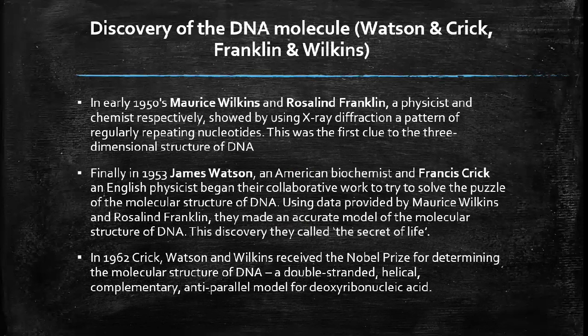Guys, unfortunately, she died, and Nobel Prizes cannot be given to people who have already passed on. Hence, she was not honored for playing a pivotal role in discovering the model of how the DNA looks.